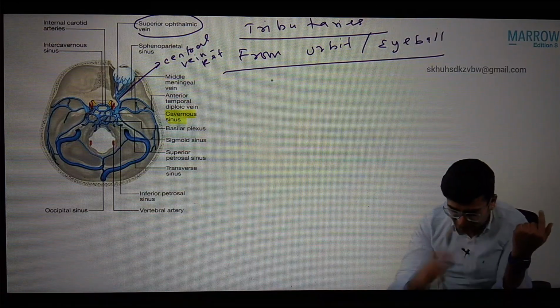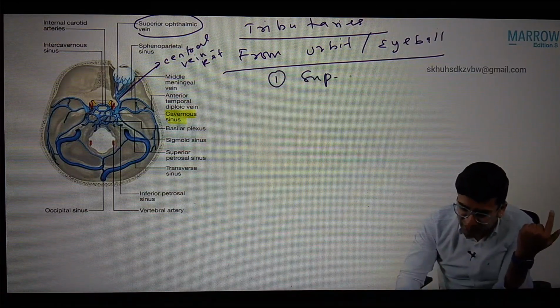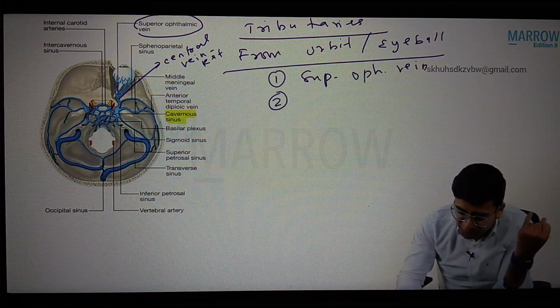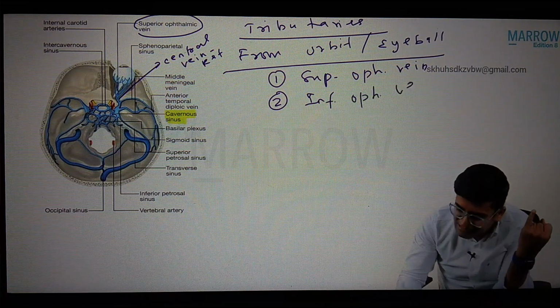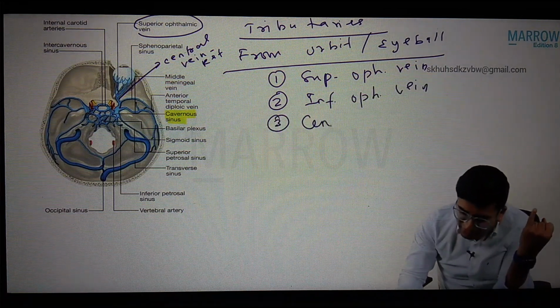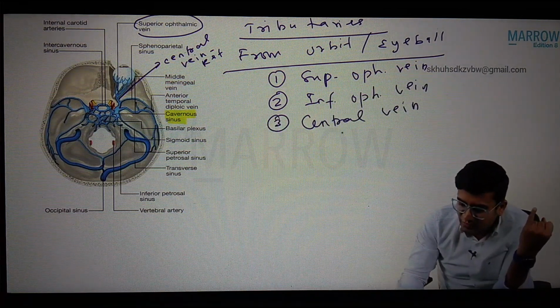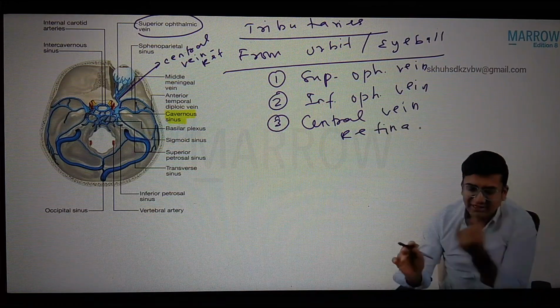Okay, so from the orbit and eyeball, we have superior ophthalmic vein. Number 2, inferior ophthalmic vein. And central vein of retina. Okay.